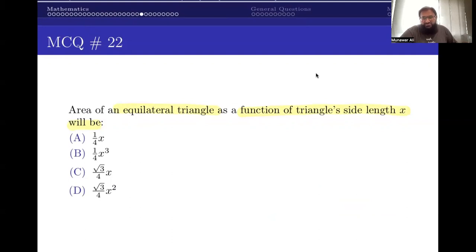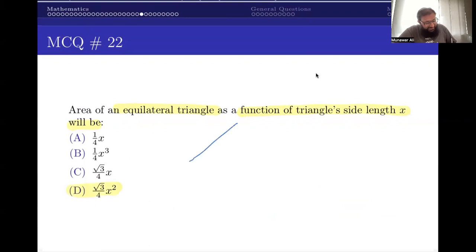It's never going to be linear, or a cubic function of the side length. So without solving, you can select the option because it contains a square. The problem is if there are two options containing x square. So we have to find out the exact formula. Otherwise, you can just memorize the exact formula, or there are different ways to find it out.